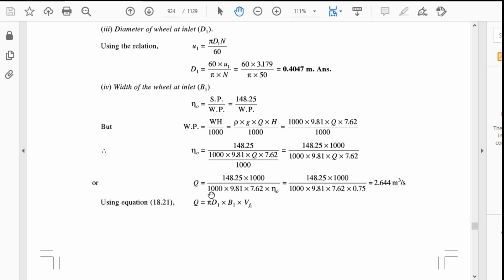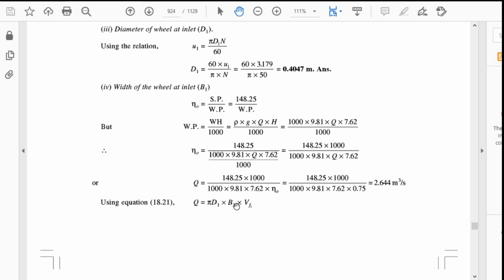Now by using the equation q equals pi d1 b1 vf1, we can find the value of b1, the width of wheel at inlet. q is a known quantity, d1 is a known value, and vf1 is also known.